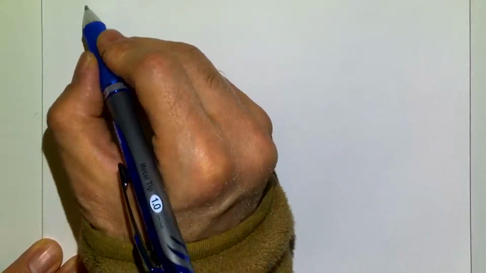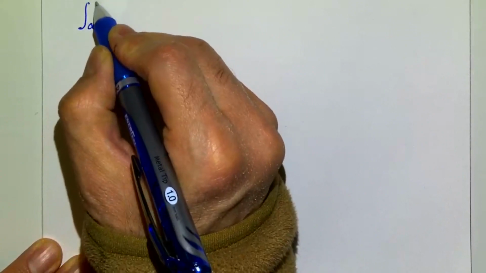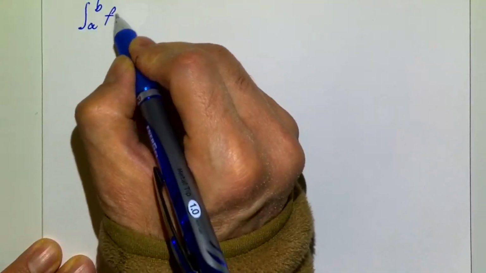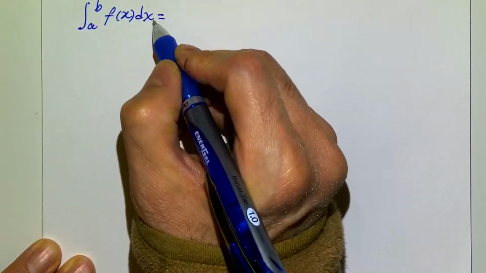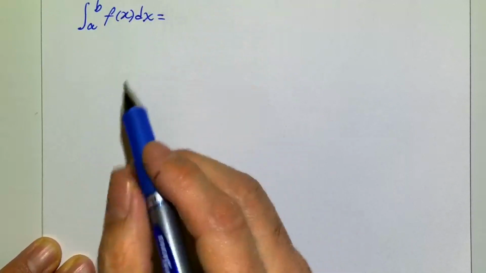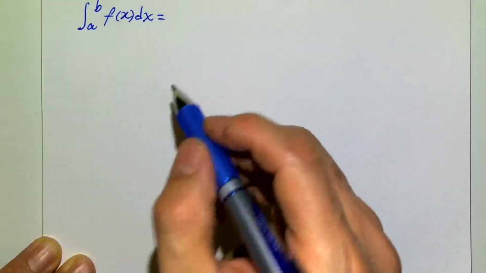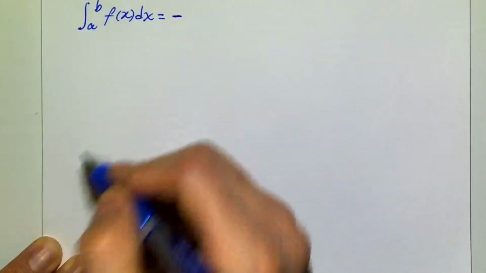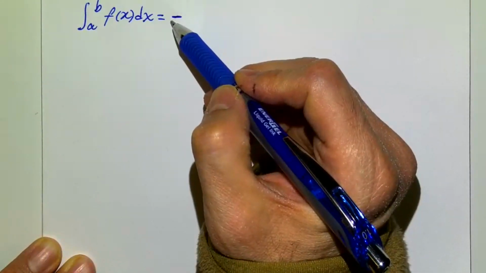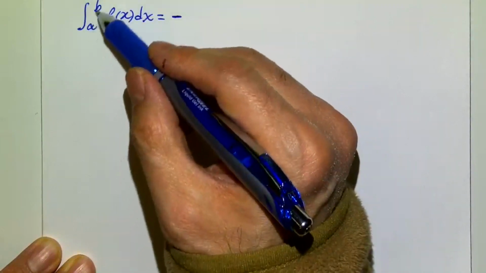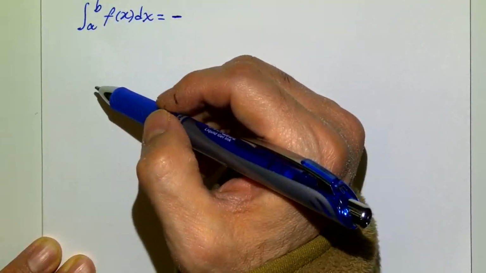If we have the definite integral from a to b of some function f of x dx, that is equal to, so this would be minus, right? As soon as you put the minus in front, then you can switch the limits of this definite integral.